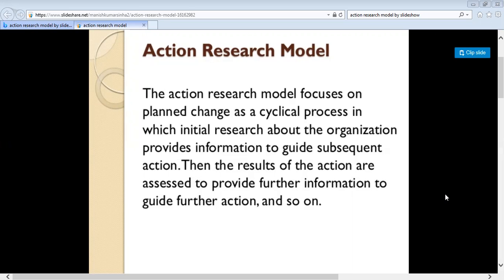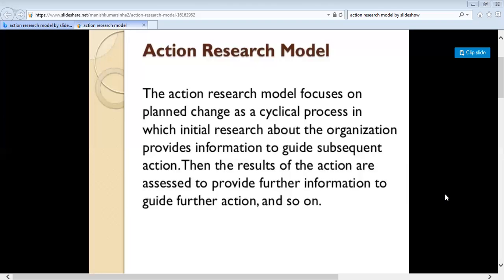Basically, this model is essentially a mixture of three ingredients. First, the highly participative nature of organization development, then the consultant role of collaborator and co-learner, and the iterative process of diagnosis and action.